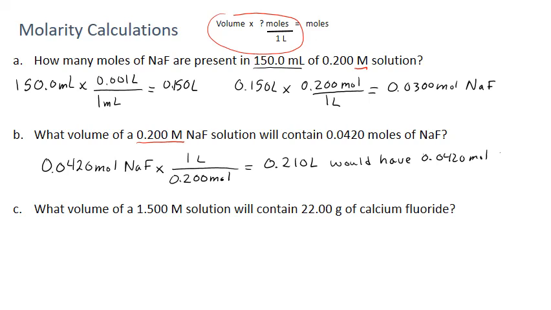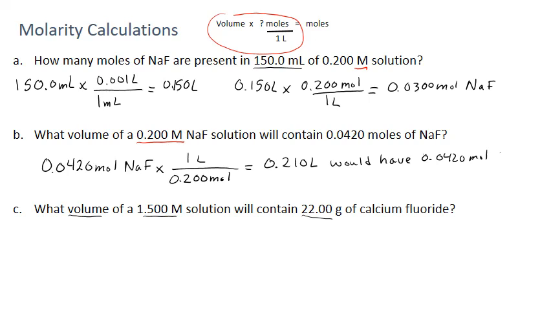Last sample question, what volume of 1.500 molar solution has 22 grams of calcium fluoride? We're being asked about a volume of a solution, and we know the molarity. Well, if we know the number of moles of the solute we're trying to have to get that certain mass, we might be able to use the molarity as a ratio between volume and moles.